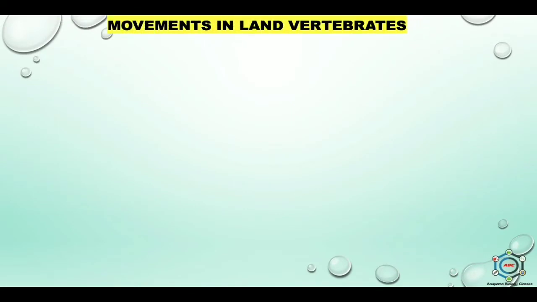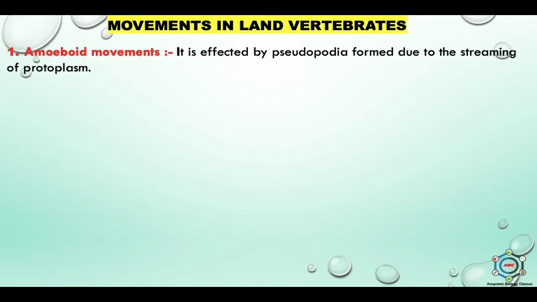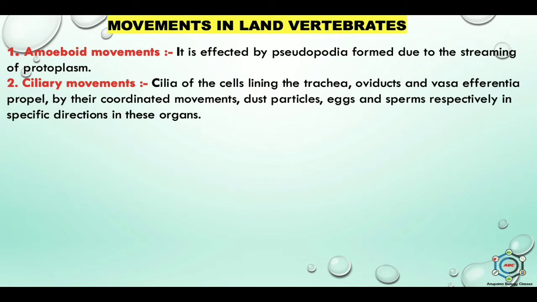Now the movements in land vertebrates, and there are three types of movement in land vertebrates. First one is amoeboid movement, which is affected by the pseudopodia formed due to the streaming of protoplasm, like in macrophages and leukocytes, cytoskeleton elements, etc. Second is ciliary movement.